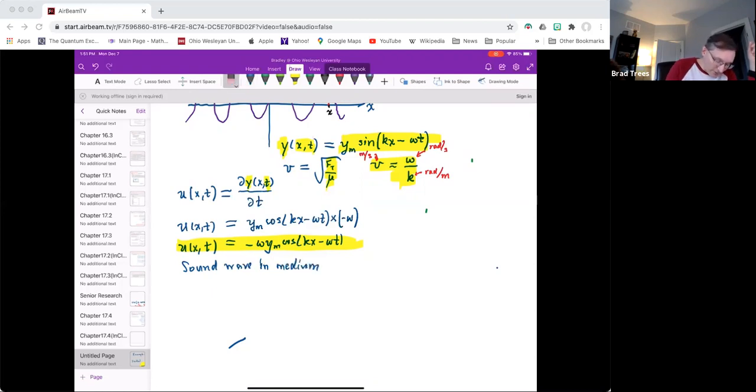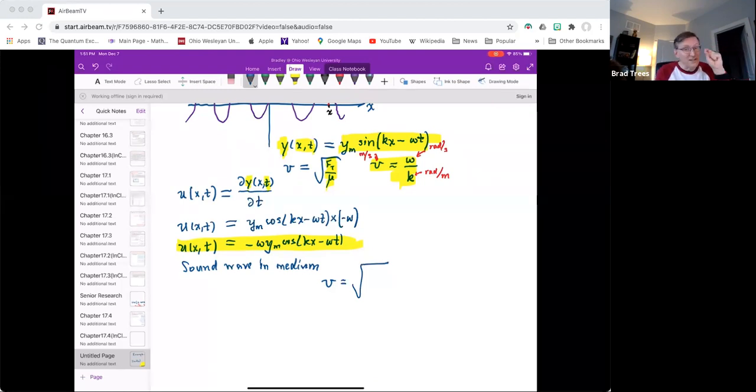And what you discover is a bit of a pattern between chapters 16 and 17, even though 16 was about transverse waves and 17 is about longitudinal waves. When it comes down to figuring out the v of the wave, there's a pattern. It's determined by properties of the medium.